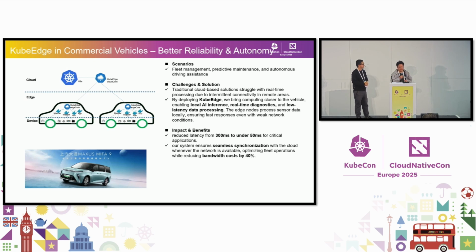First, we have KubeEdge in commercial vehicles. As we know, commercial vehicles like trucks often operate in remote areas where signal loss is a common issue.